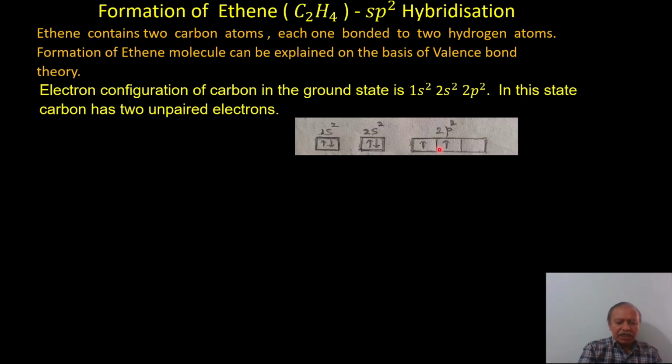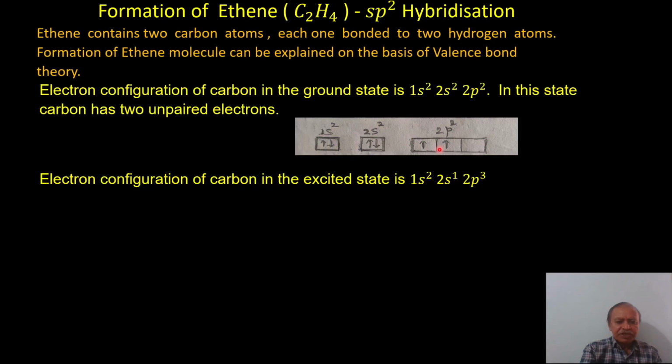Now look at the electron configuration of carbon in the excited state. In the excited state it is 1s2, 2s1 and 2p3. You can compare the ground state, 1s2, 2s2, 2p2, with the excited state, 1s2, 2s1, 2p3.